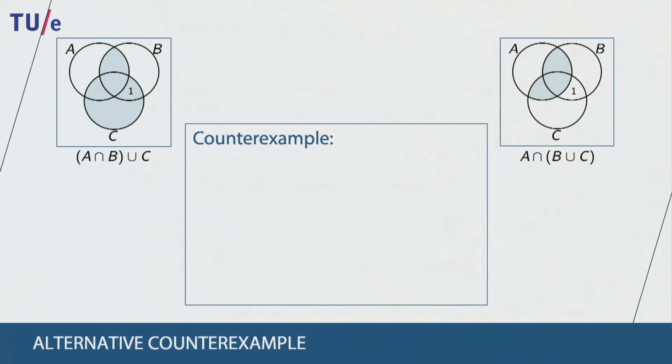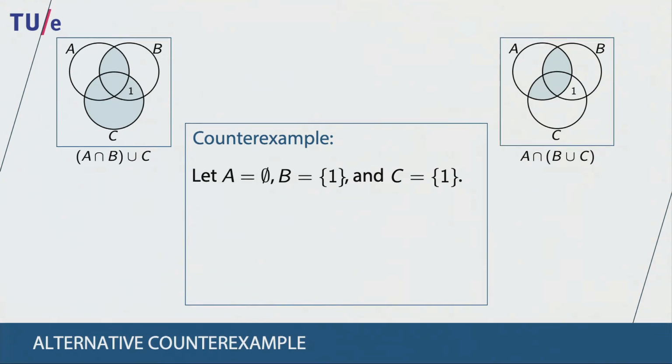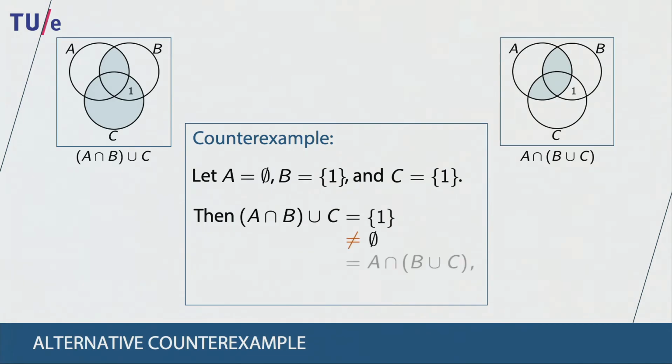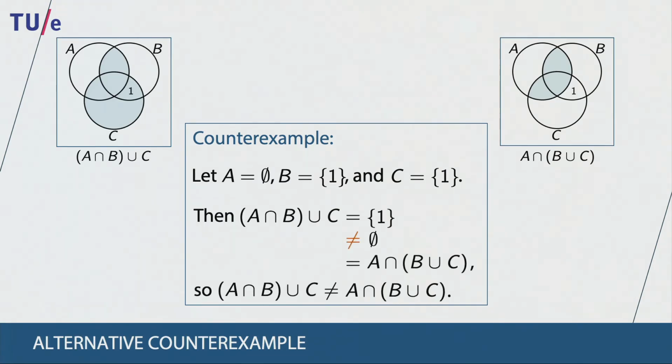We could, for instance, put a number in B and C, but not in A. This amounts to assigning the empty set to A and the singleton set containing the number 1 to B and C. A similar computation as before would show that the left-hand side expression is not equal to the right-hand side expression with the given values for A, B and C.